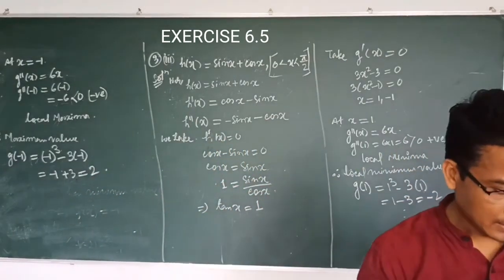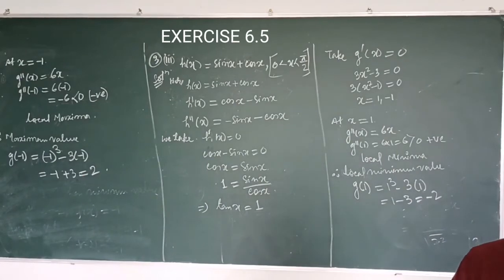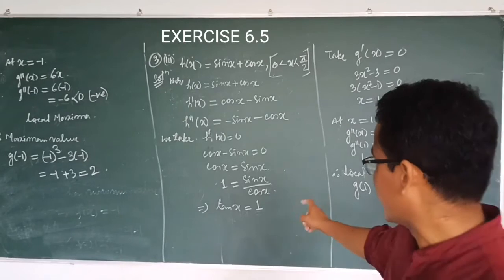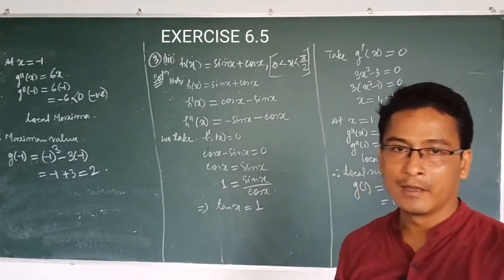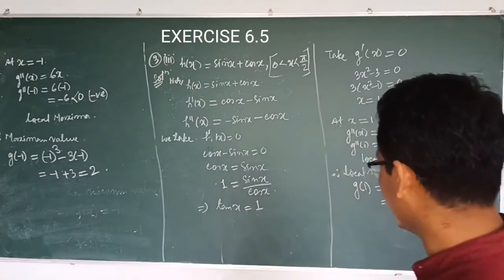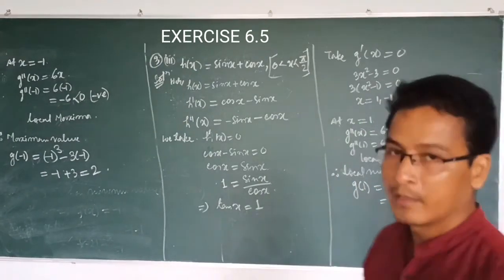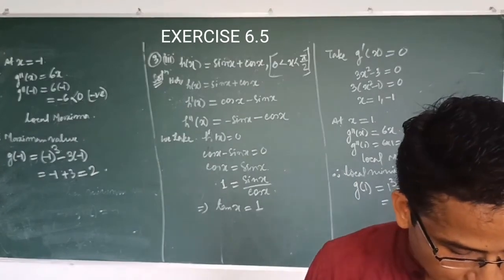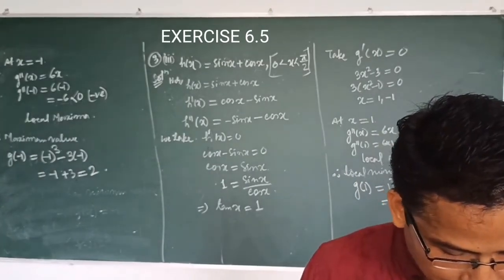So we know that when the value of tan x equal to 1, tan 45 degree is equal to 1. So the value of x is 45 degree.